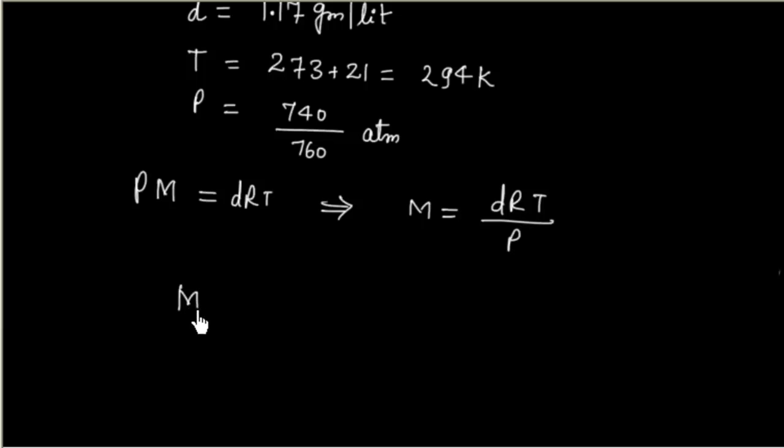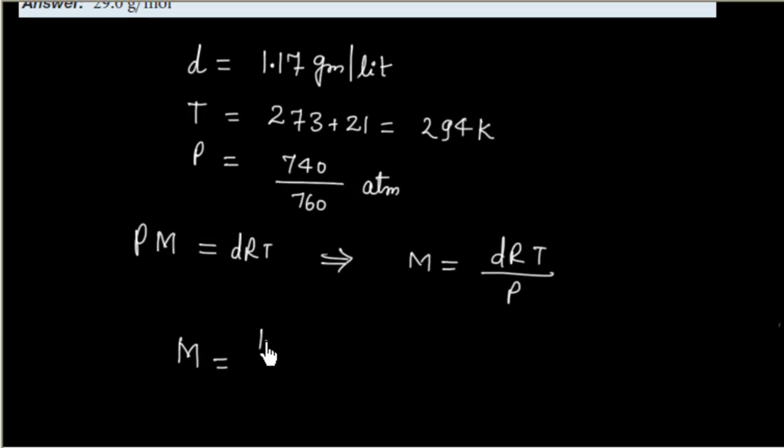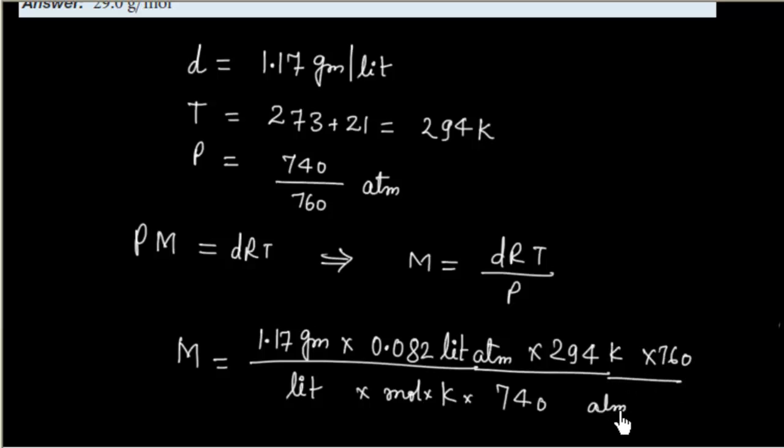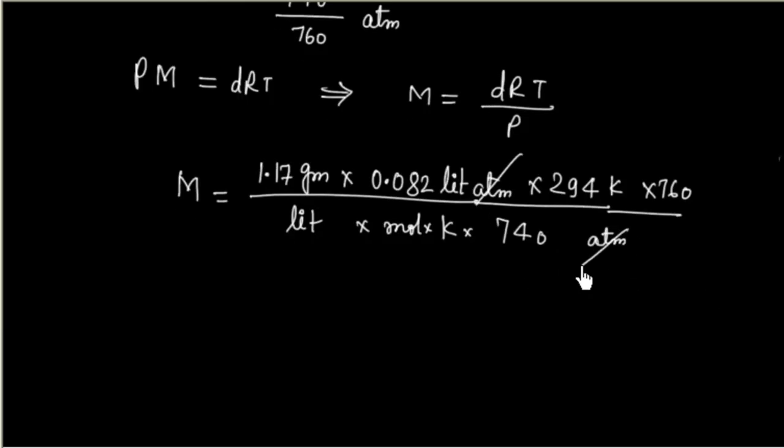So from here I can write molecular mass is equal to dRT by P. Let us plug in these values. Density is 1.17 gram per liter, and R is 0.082 liter atmosphere per mole Kelvin, and temperature is 294 Kelvin, divided by pressure, 740 divided by 760 atmospheres. So atmospheres cancel, liter cancels, Kelvin cancels.